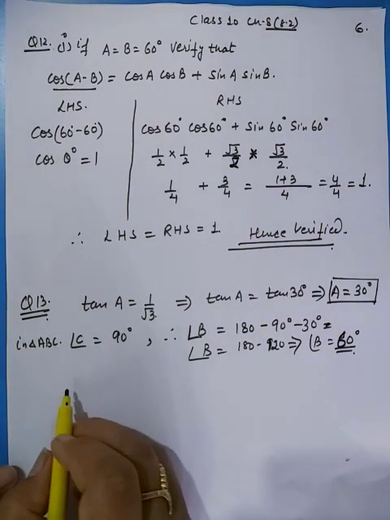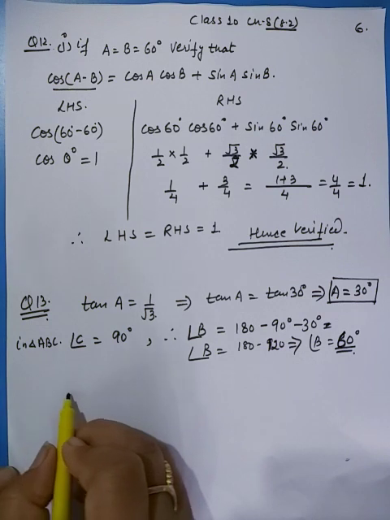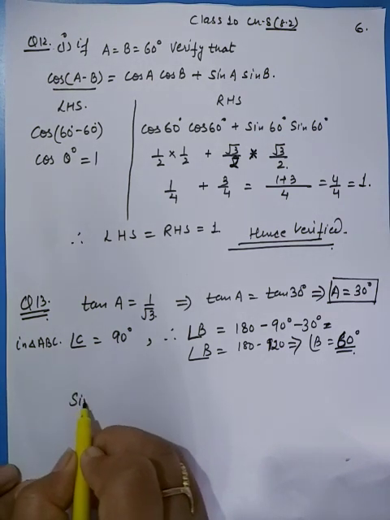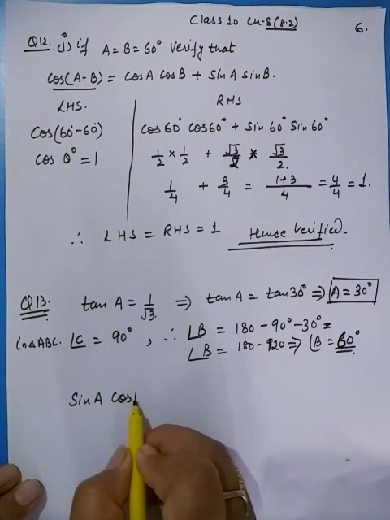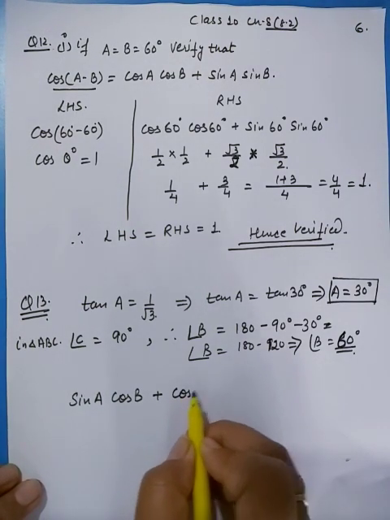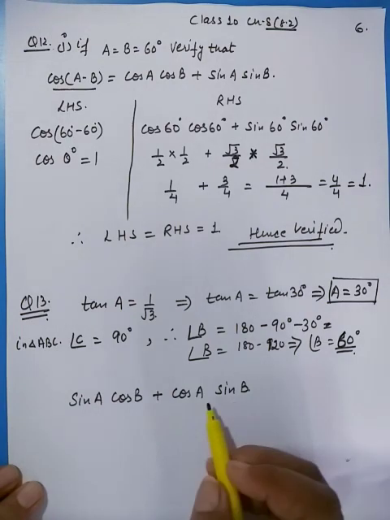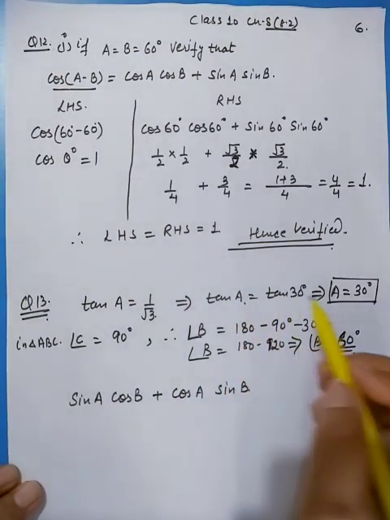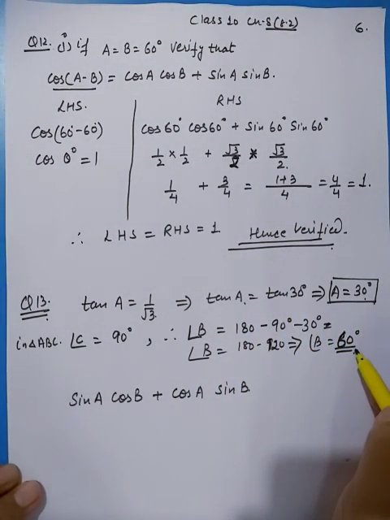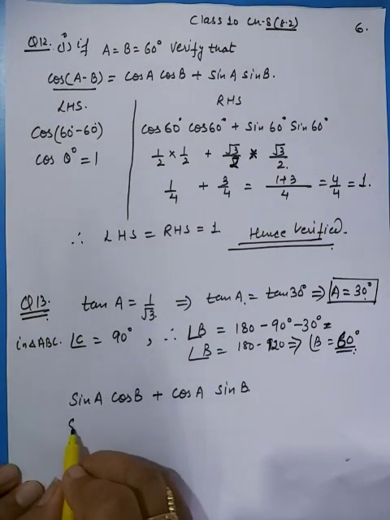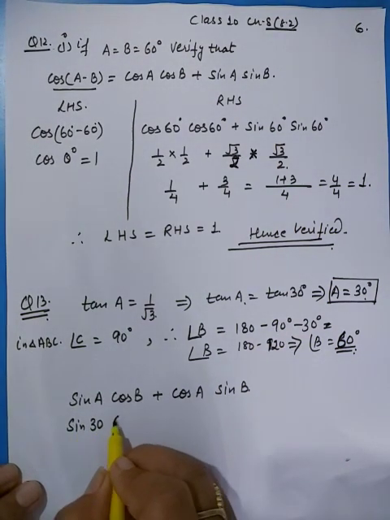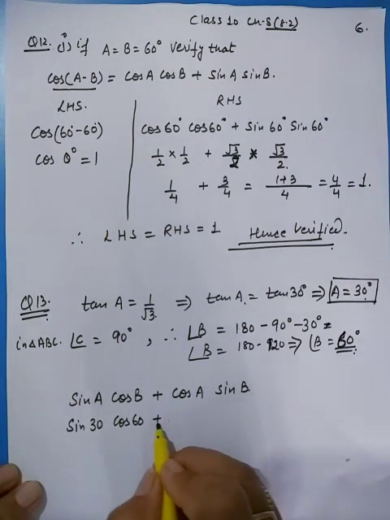Now we have to find the value of sin A cos B plus cos A sin B, and now we are having the values of A and B. A is 30, B is 60. So putting A is equal to 30 degree and B is equal to 60 degree.